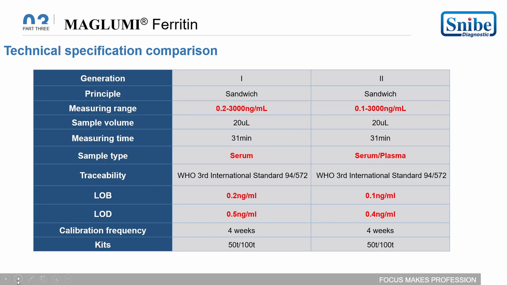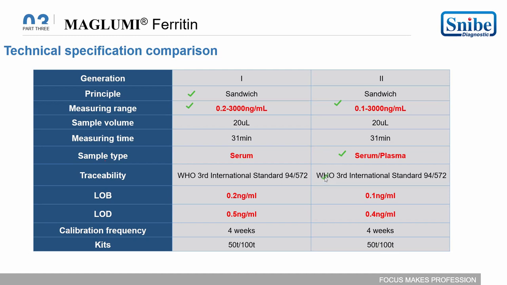If we talk about ferritin, first generation and second generation, within the generation we have an improvement in measuring range. The sandwich principle is the same. The measuring range is improved in the second generation, and the serum and plasma sample type support is also improved.